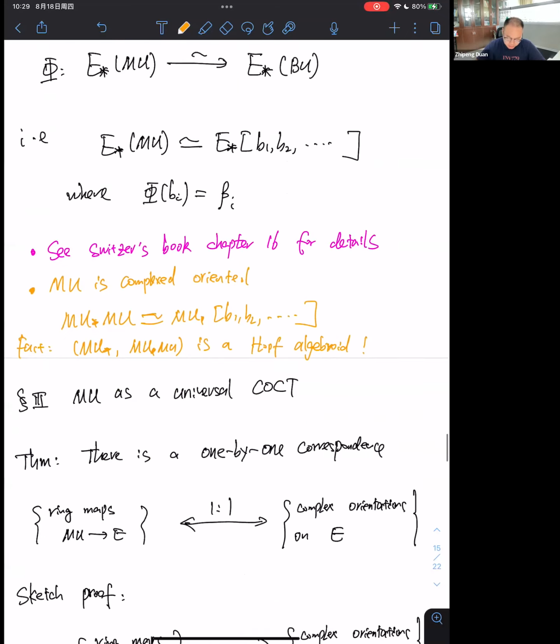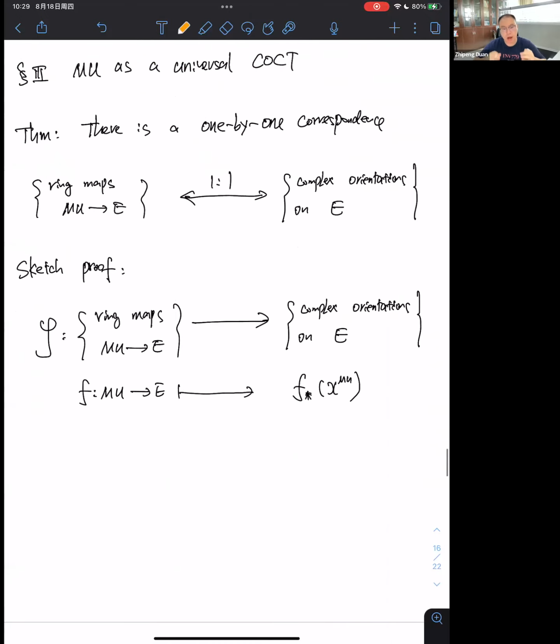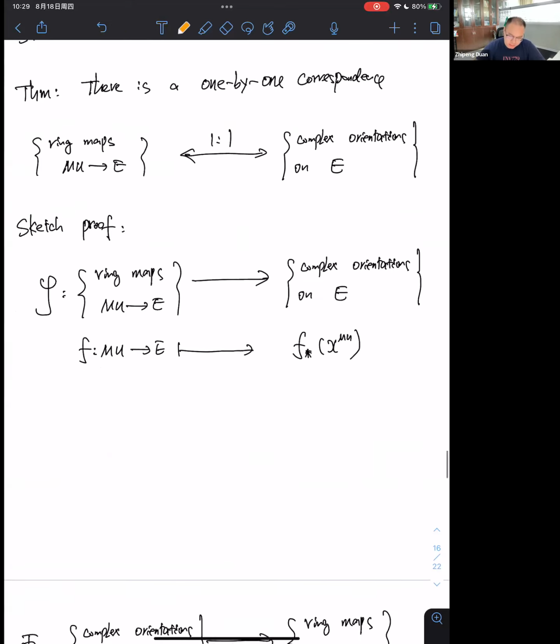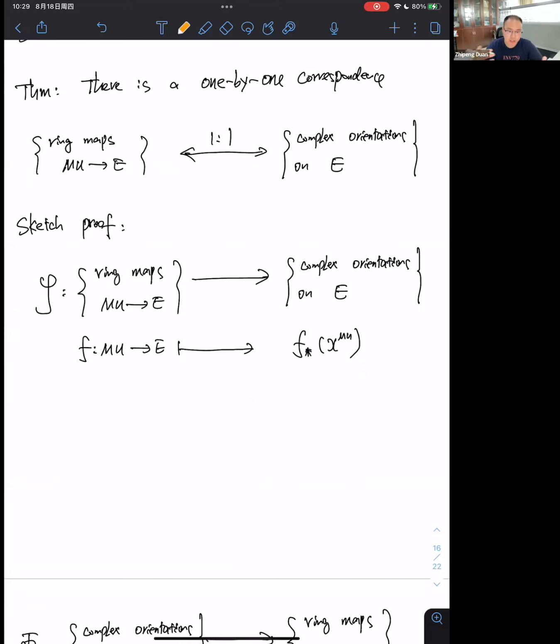Okay, so this is the second part. The final part, I will try to explain to you why complex cobordism, as a complex oriented cohomology theory, is a universal complex oriented cohomology theory. So this is basically the following correspondence.